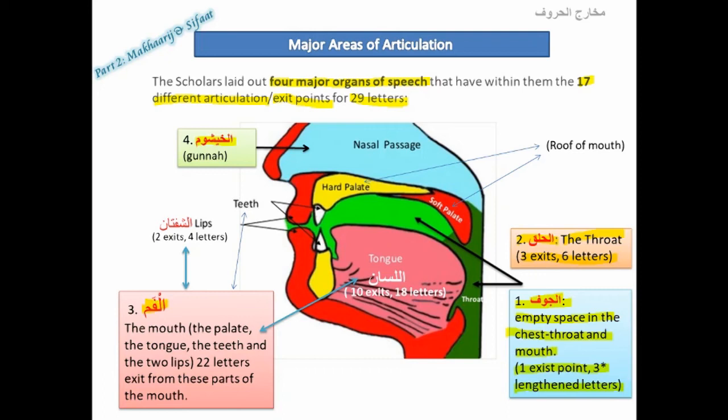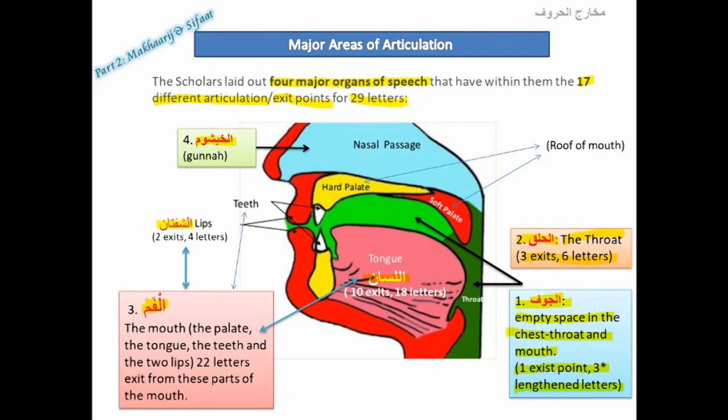And al-fam here, the reason why we have 4 organs of speech, and I know it's commonly taught as 5 organs of speech in Tajweed books and lessons, is that the shafatan and al-lisan have been merged into al-fam, because obviously they form part of the mouth.